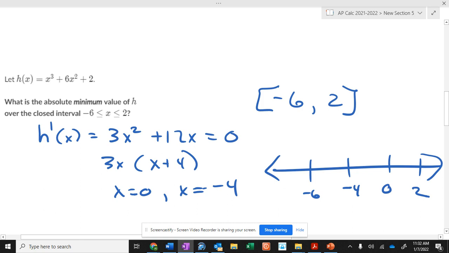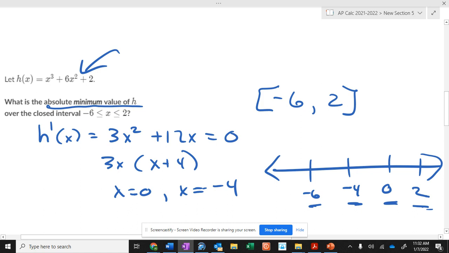Now, the question asks for the absolute minimum, so I'm going to take these points and put them into the original function to find the absolute lowest number. That will be your absolute minimum. It could be one of the endpoints, or it could be one of the points in the middle. So stick in -6 and do the math, stick in -4, do the math, and so on.